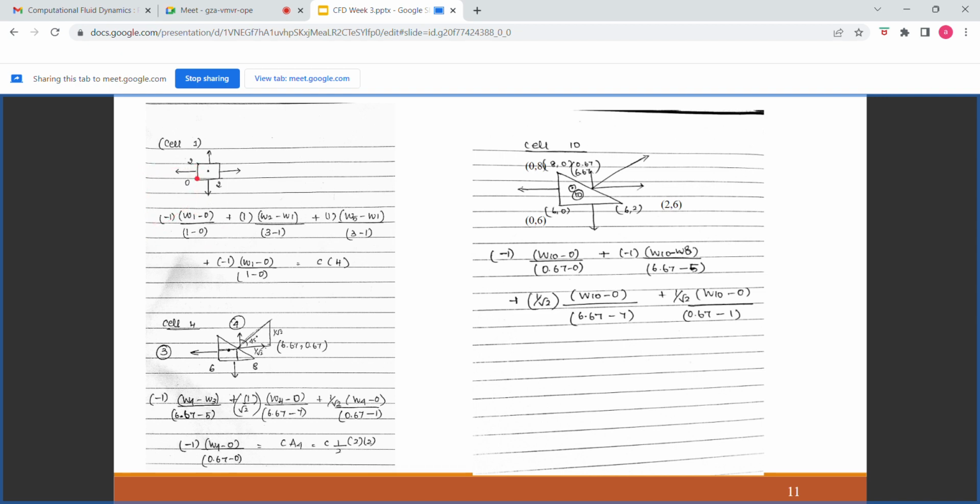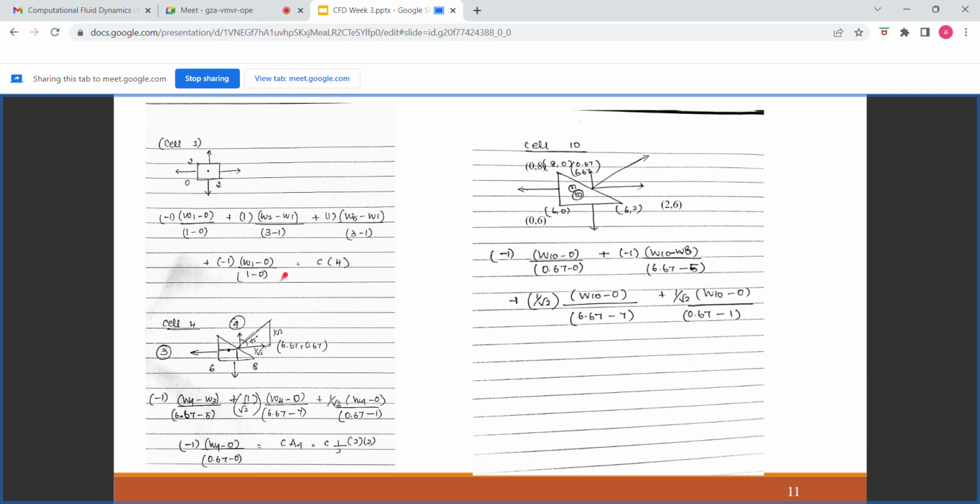For this face, the direction cosine is in the outward normal direction, that is, left pointing, so it would be minus 1. This is W1, and there are no cells to the left of cell 1, so we use the boundary condition: W1 minus 0 divided by 1 minus 0. That gives us the value for this face. Similarly, for the bottom face, it would be minus 1 into W1 minus 0, using the midpoint and the boundary condition, W1 minus 0 by 1 minus 0. This is for y.